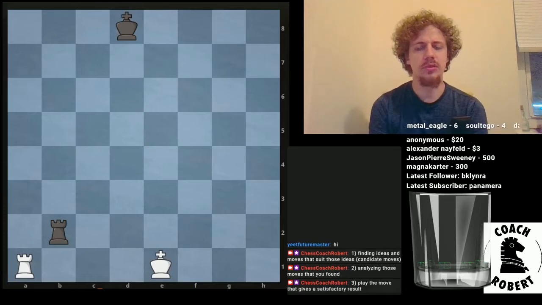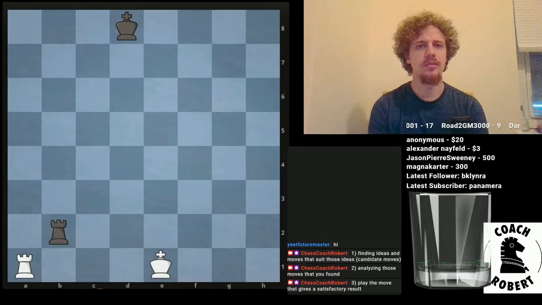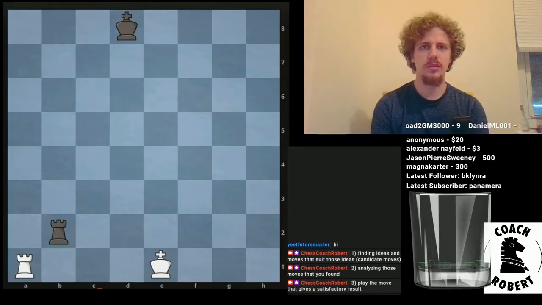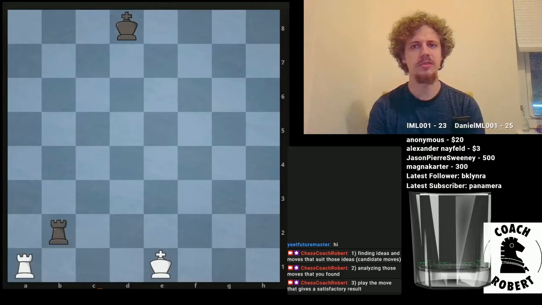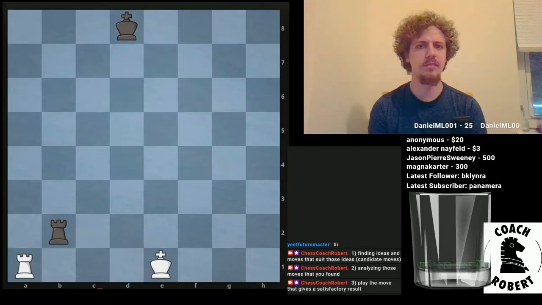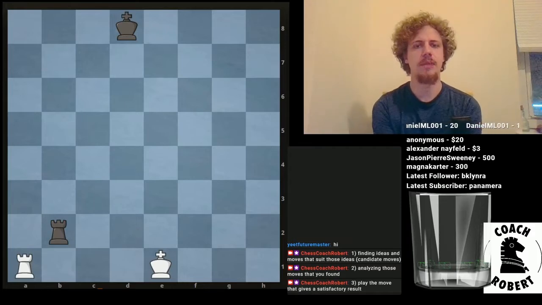So people who calculate in a more intuitive way, or who don't calculate at all, probably think about this in a different way. They think, you pick a move and then you try your best to justify it. And if you can justify the move, then you play that move. This is kind of a backwards approach compared to how a lot of top trainers and top players have described their own calculation technique.